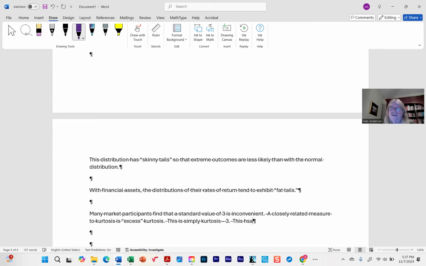This has the convenient benefit that if excess kurtosis is 0, then the distribution matches the normal, or it has the same tails as the normal distribution.